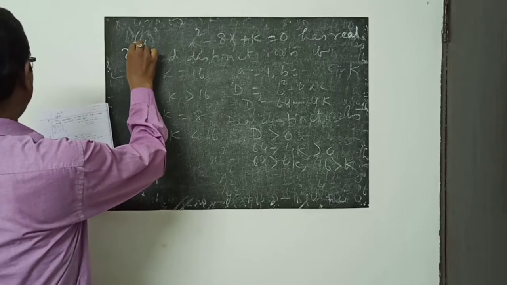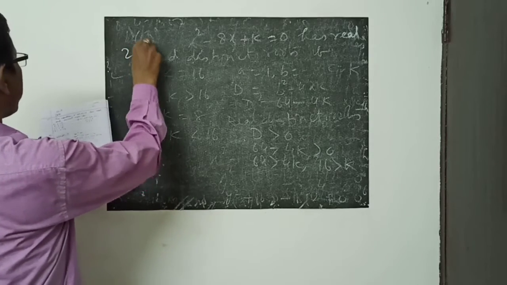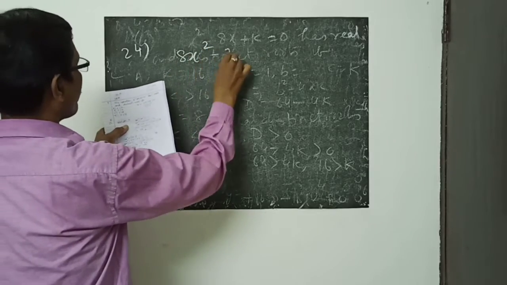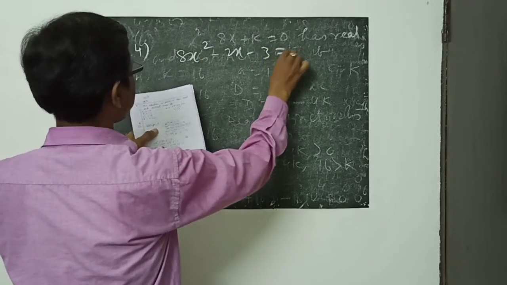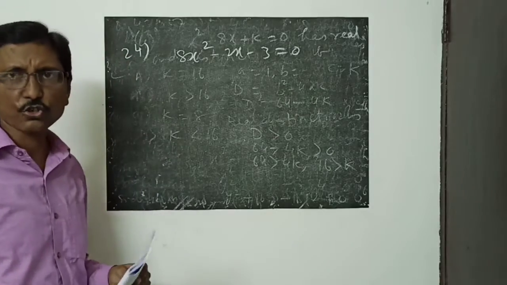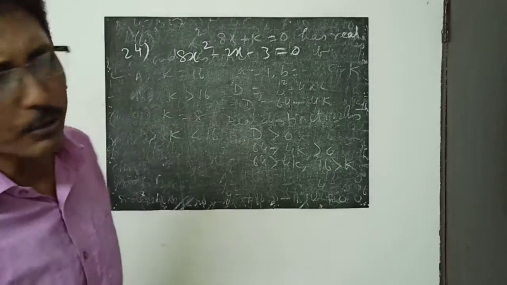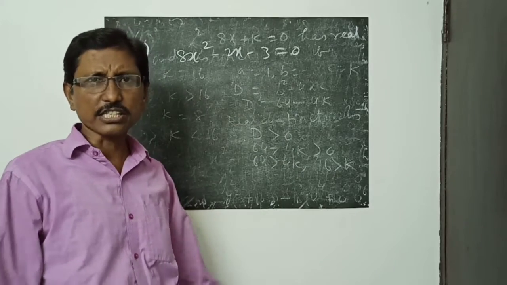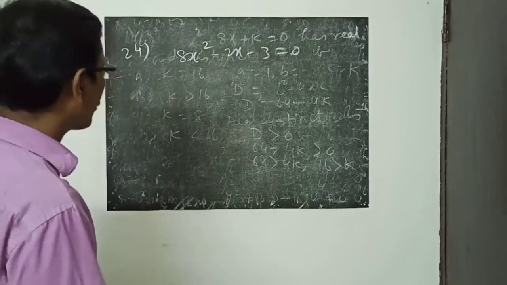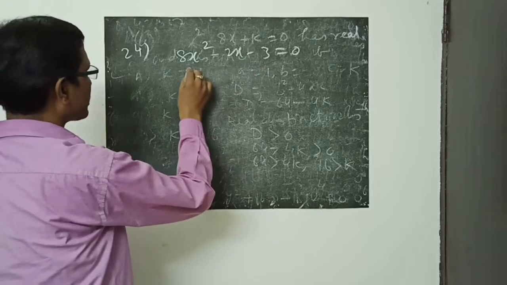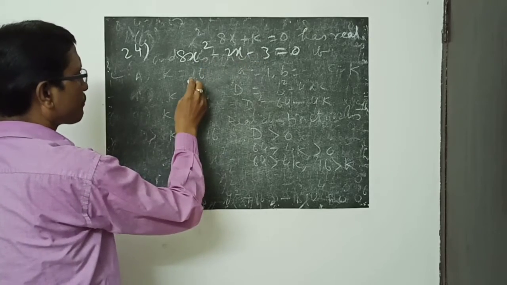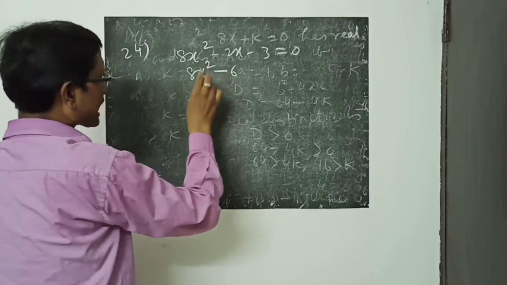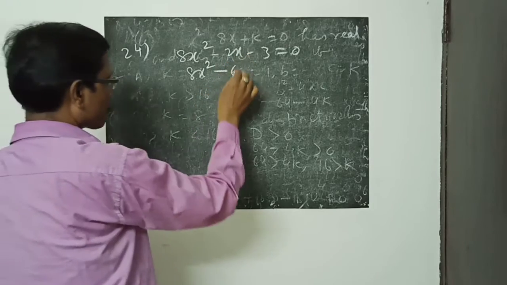So set B, that is question number 24, we have 8x square minus 2x minus 3 equal to 0. Solve for x. It is a very simple one. You have to do middle term splitting. We have already practiced this type of question. The product is coming minus 24, so minus 24 means the two numbers' difference will be 2.